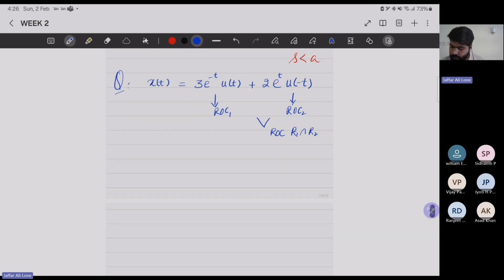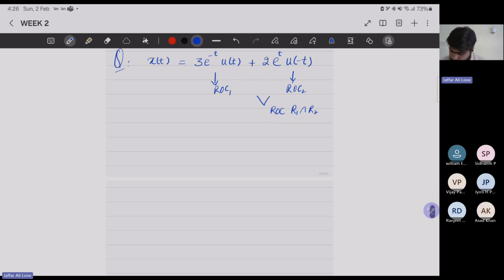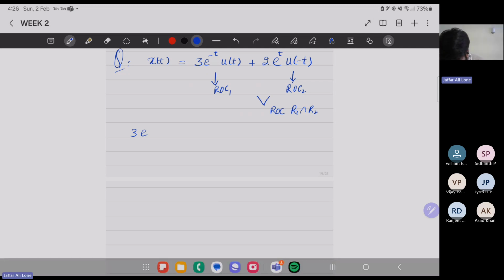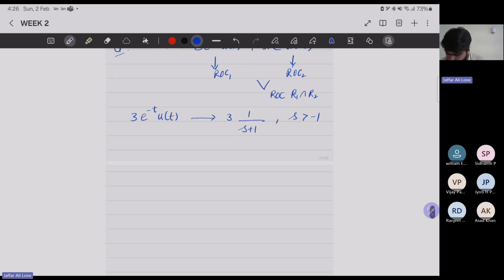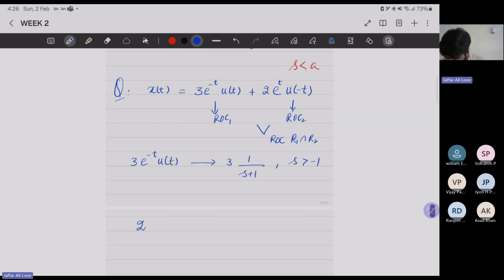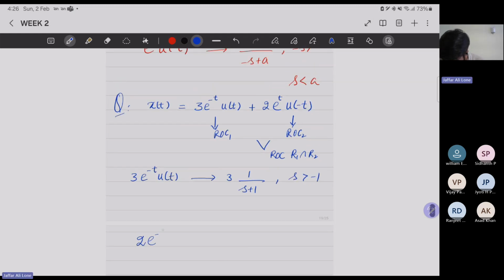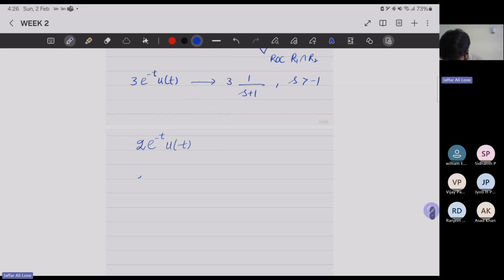So this is how we find the ROC of signals in addition. Now let's solve this. We have first 3e^(-t) u(t). We know its Laplace transform is 3 divided by s plus 1 with ROC s greater than minus 1. Then we have the second term, 2e^(t) u(-t).